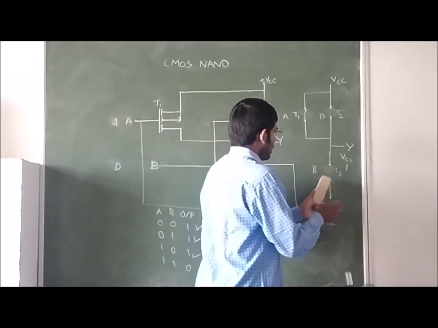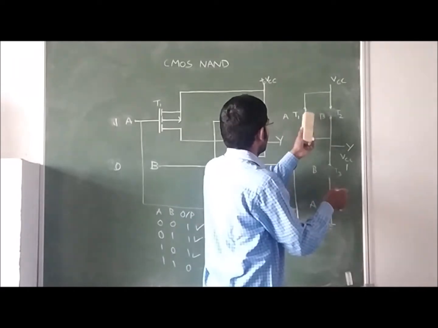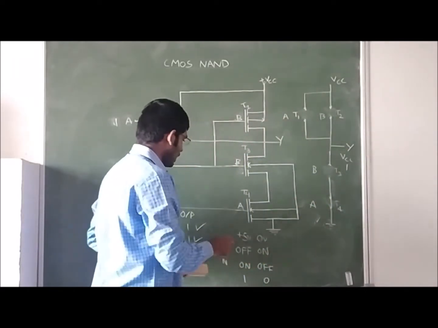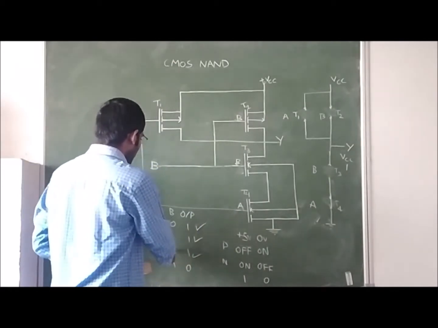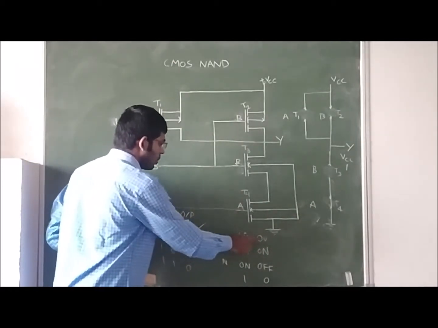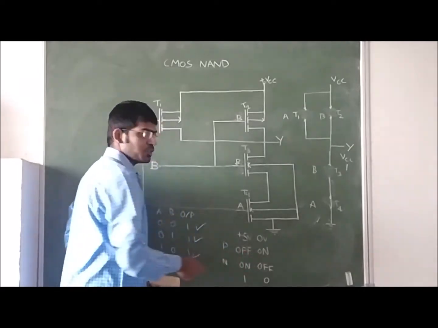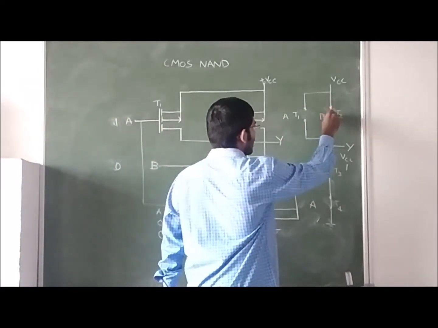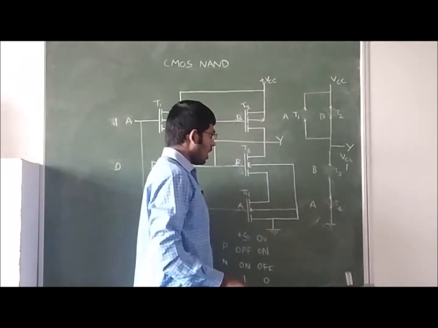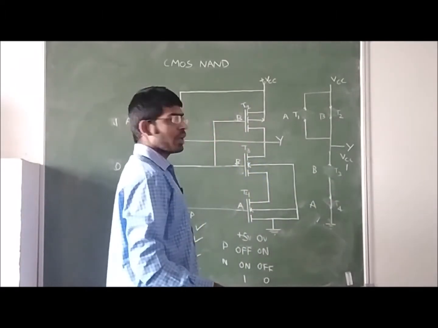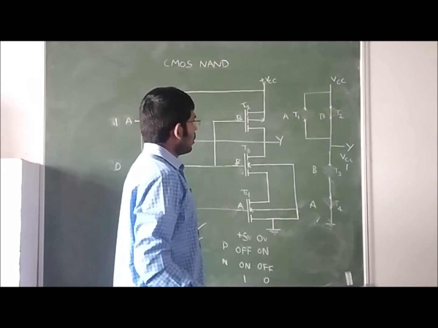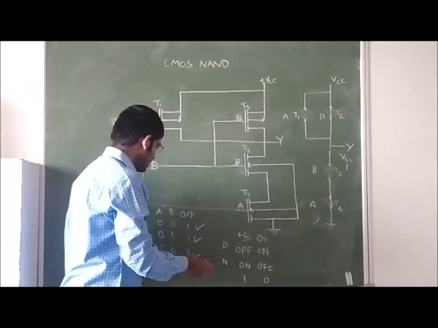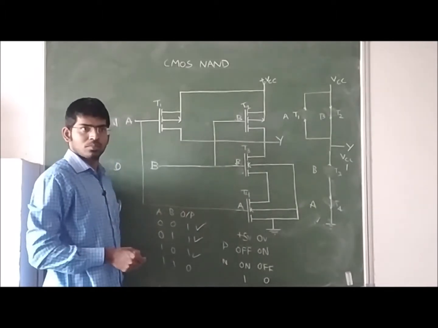Next, if we give B equal to 0, the P-channel MOSFET is in on condition and the N-channel MOSFET is in off condition. Okay. Now, what is the output? Again VCC is short circuited to the output, so output is 1.